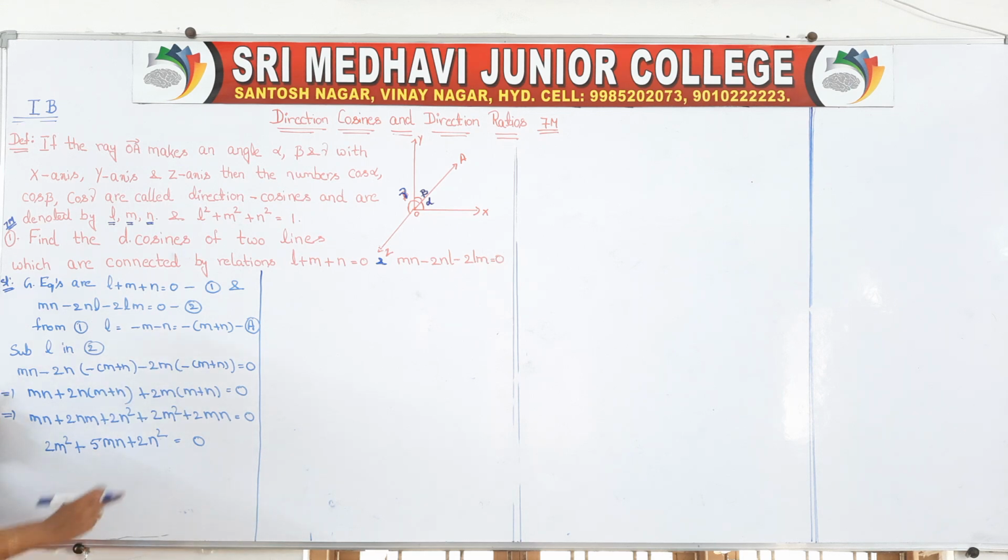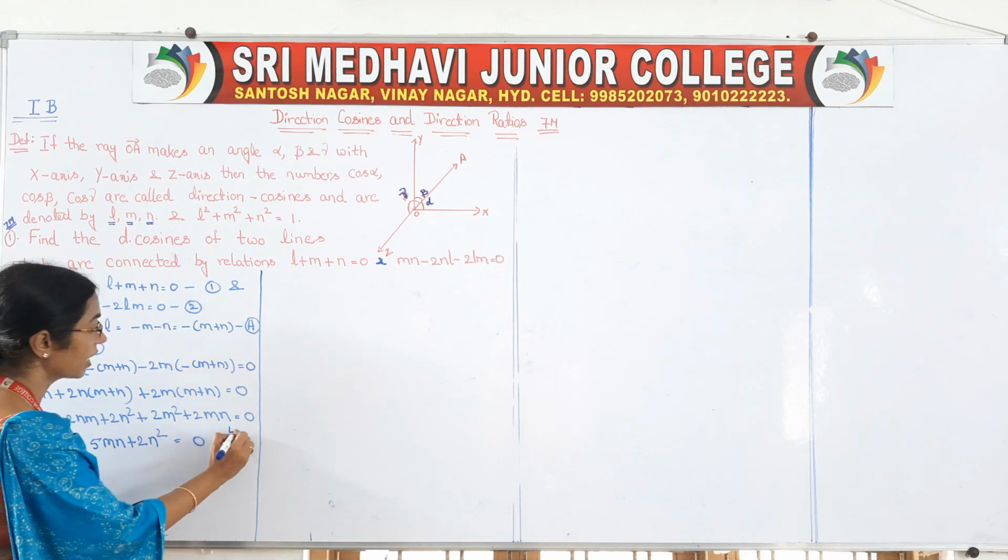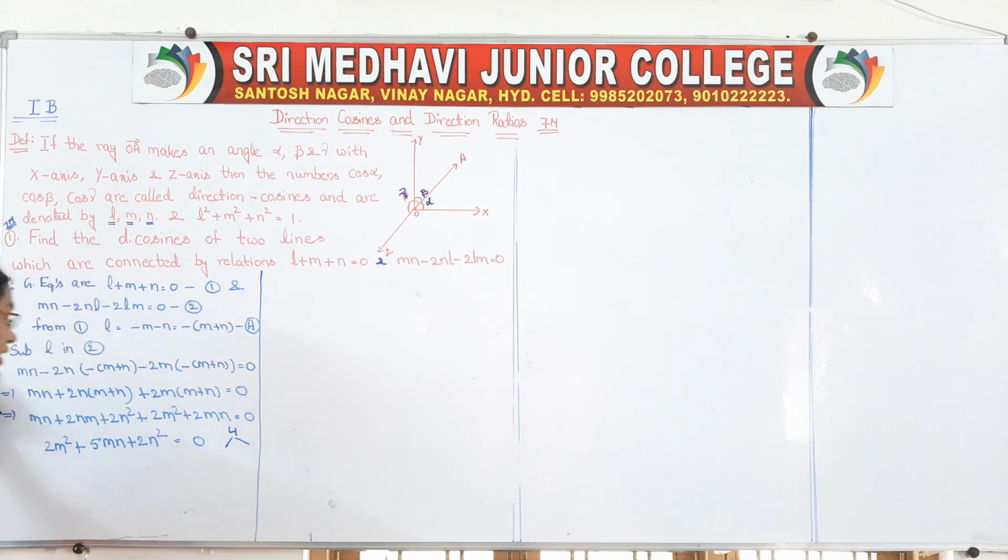Now try to get the factors for this. How will we get the factors? We multiply 2 twos are 4. So we have to select two numbers whose product should be 4 and whose sum should be 5.